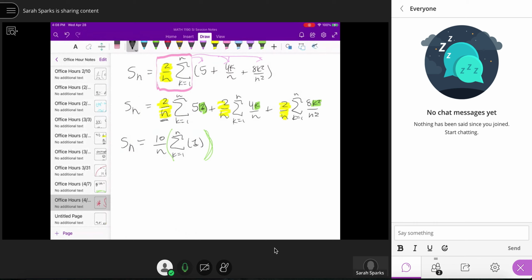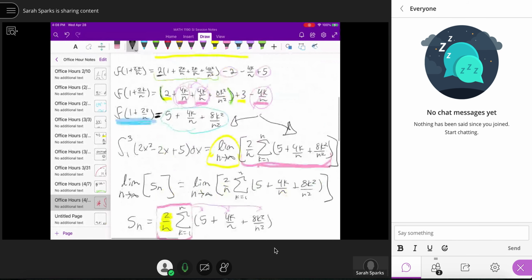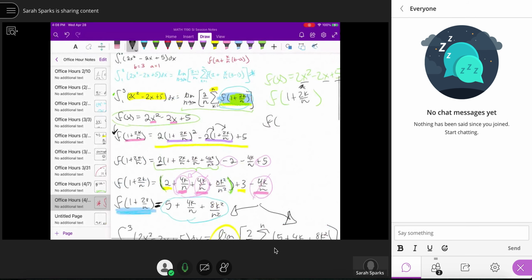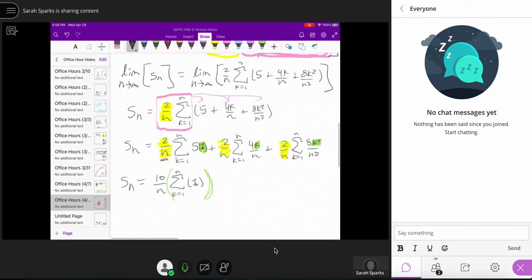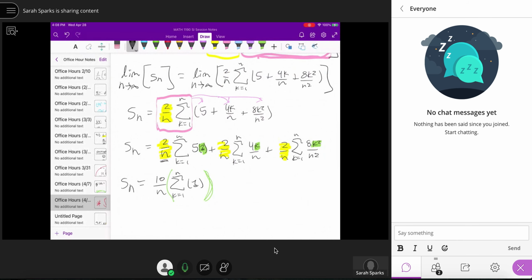Whatever that constant is out front is going to stay with the summation whenever you distribute it. Or if you think you might forget to do that, you can always distribute this 2 over n into each term and then factor it out whenever you're looking for the formula, if that's something you're worried about.